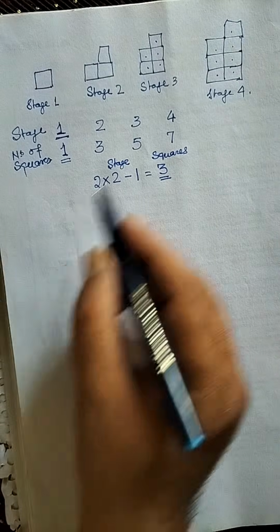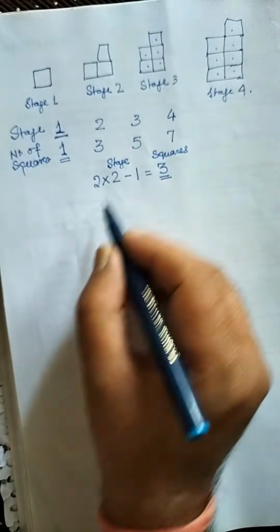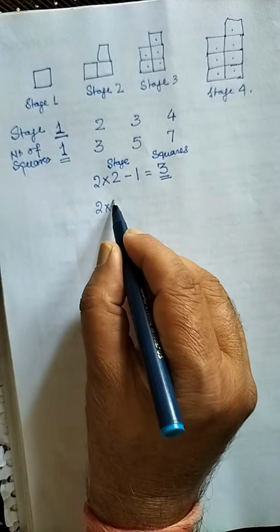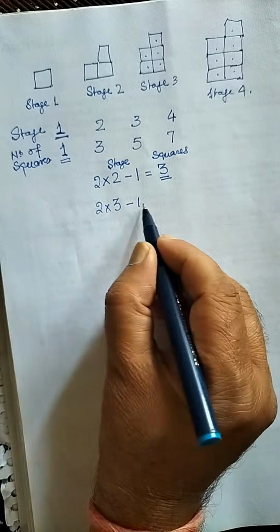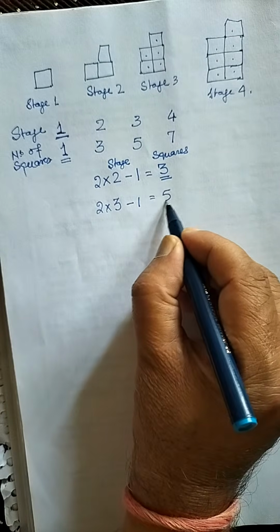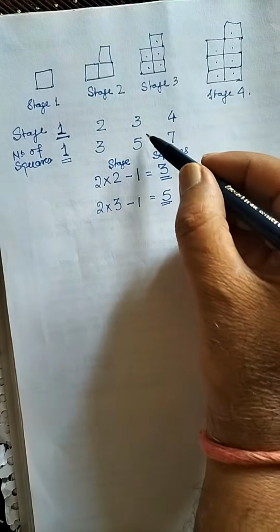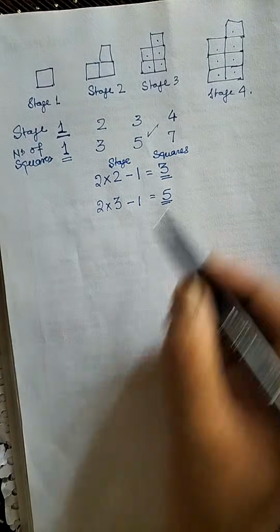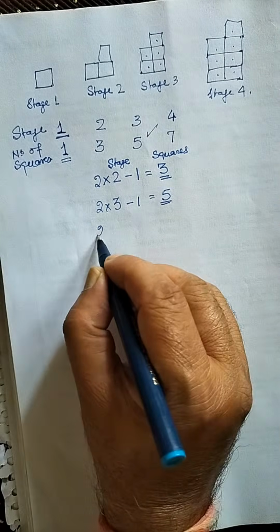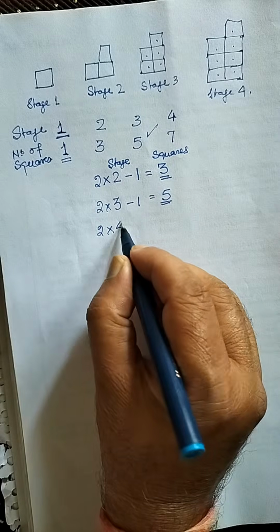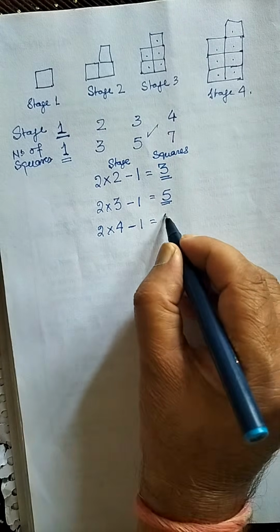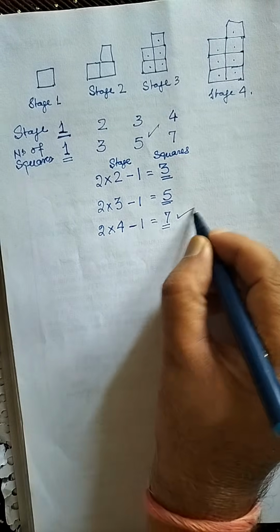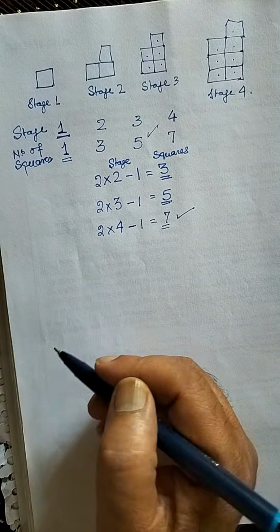Let me try this for the third one. 2 times the third stage minus 1: 6 minus 1 is 5, which is right. Another one I can try: 2 times the fourth stage minus 1 is 7. Yes, that's also true. So we can generalize this.